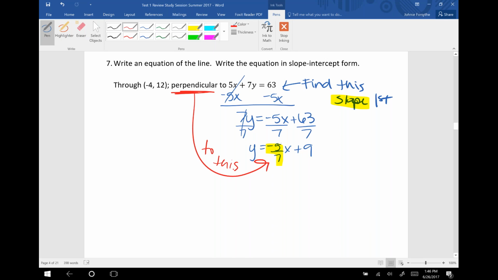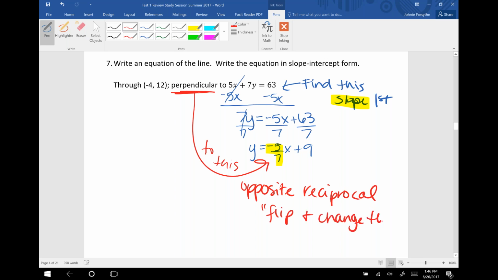So if it's perpendicular to this equation, that means that the slope must be the opposite reciprocal, which is fancy talk for flip and change the sign.